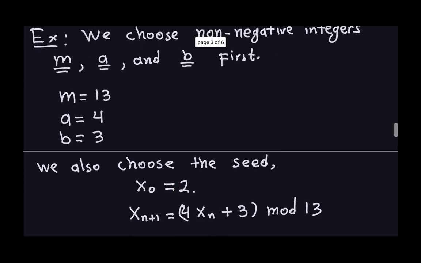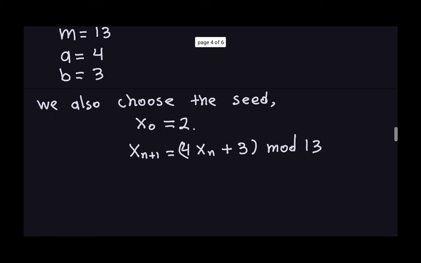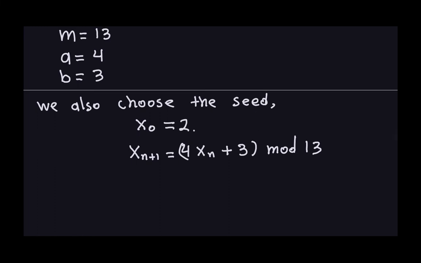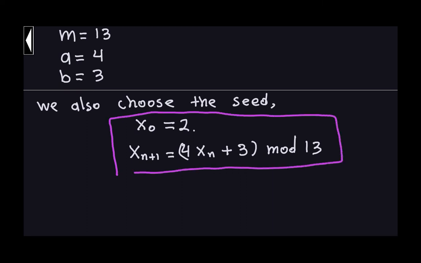So what is the formula looking like now in this particular case? This is the recurrence formula. I have x0 equals 2. That's the seed. And the next number is equal to: take the previous number, multiply by 4, add 3, and take the remainder of that when you divide it by 13.